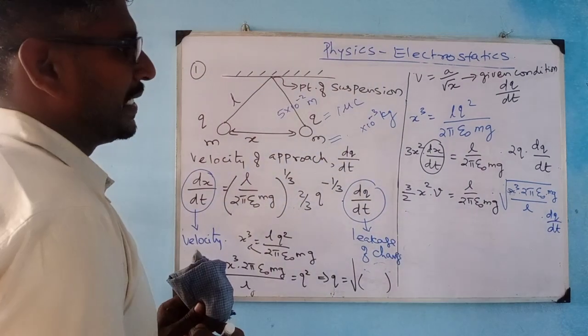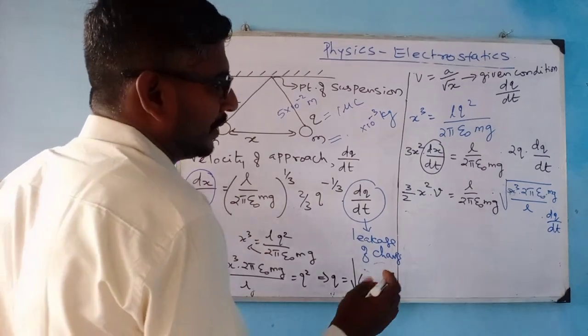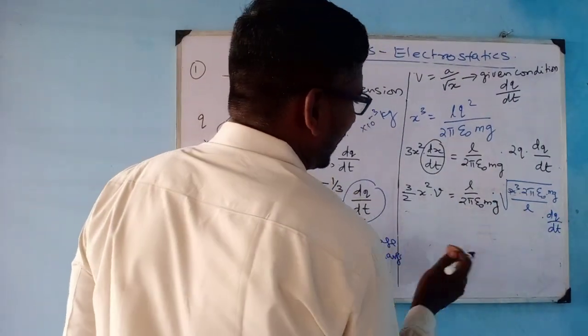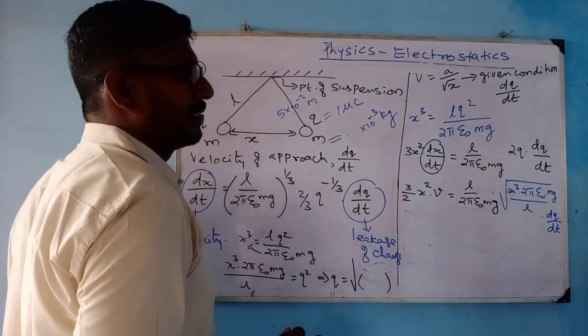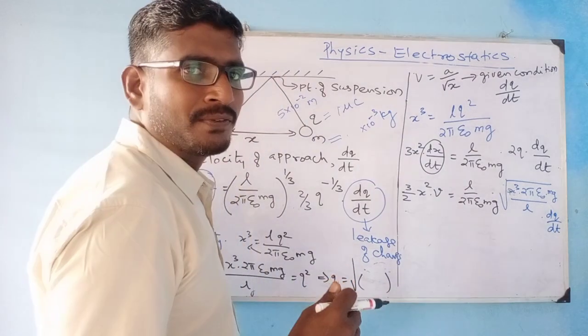So what I need is only my dq by dt. To calculate this dq by dt, again it is simple mathematics. After finding the mathematical relation, I will come to my physics conclusion.